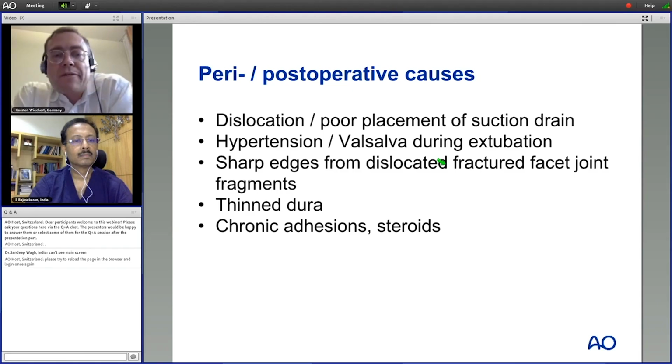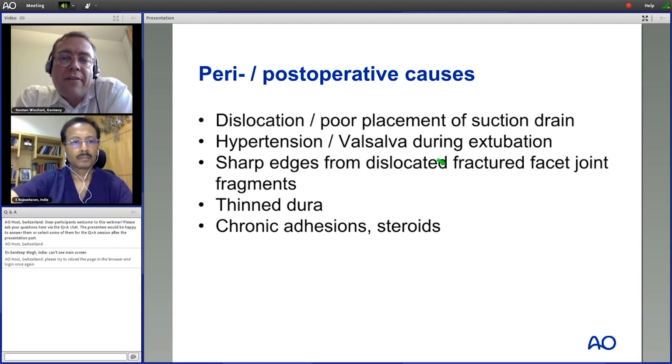Peri- or postoperative causes are usually a poor placement of a suction drain, or it can dislocate as well, so be sure about that. If you do have a bony spike and intraoperatively everything is fine, and then the anesthetist causes hypertension or Valsalva-type extubations, then the dura might become under more pressure, and the spikes can tear it.